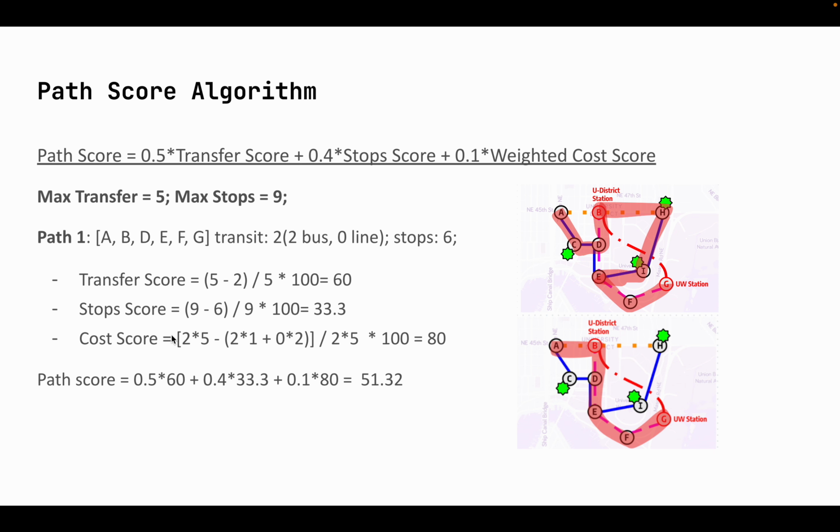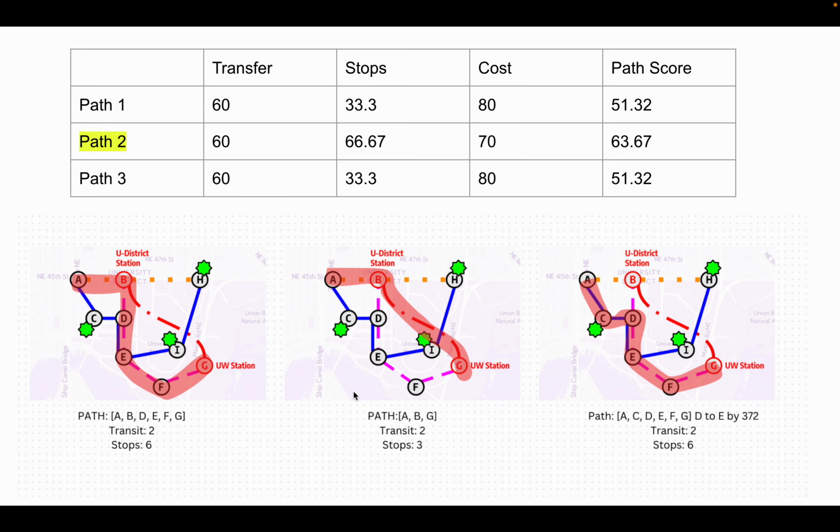We use 2 to represent the cost for the line, and 1 to represent the cost for the bus. Because on path 1 we didn't take the line, we only took the bus and did 2 transfers, we have 2 times 1 and 0 times 2. Then we still divide by the maximum number, and we get this score. After weighting by the different weight factors, we got a final score of 51.32.